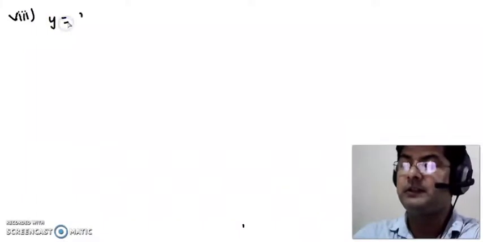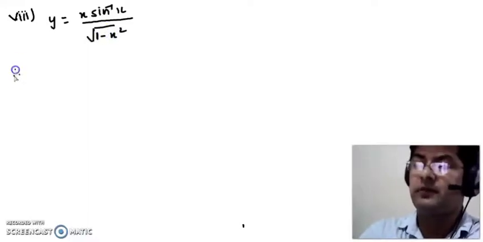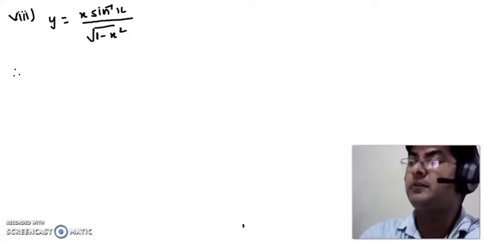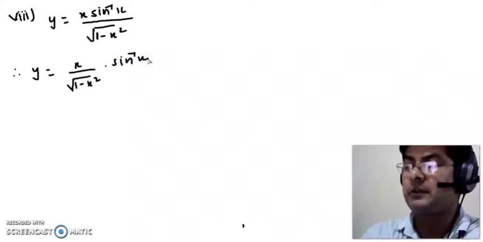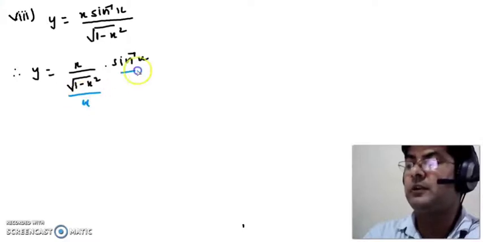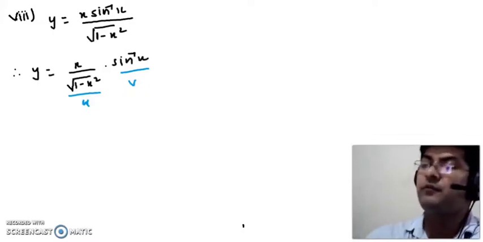We are given y is equals to x into sine inverse x upon square root of 1 minus x square. Therefore y is equal to, we can write this as x upon square root of 1 minus x square into sine inverse x. Now this first function is function u, and this function we will consider as function v, and then we will use d by dx of uv formula.